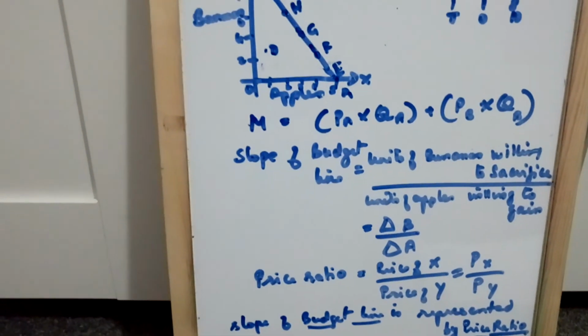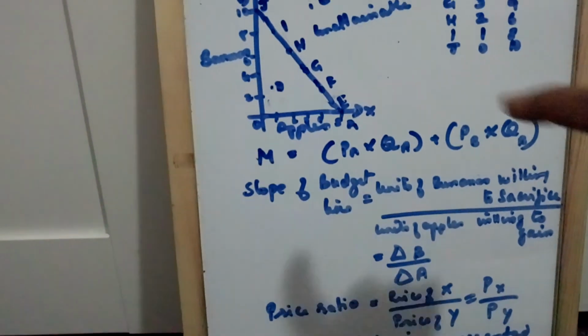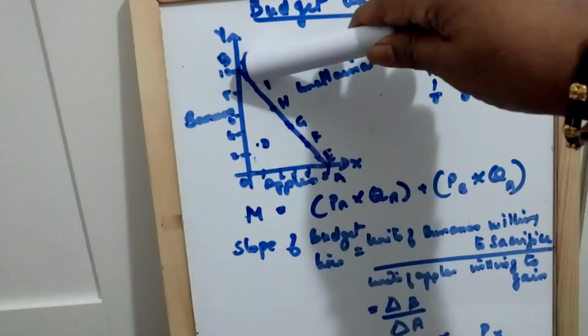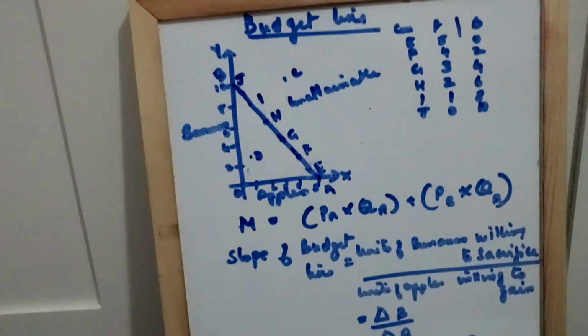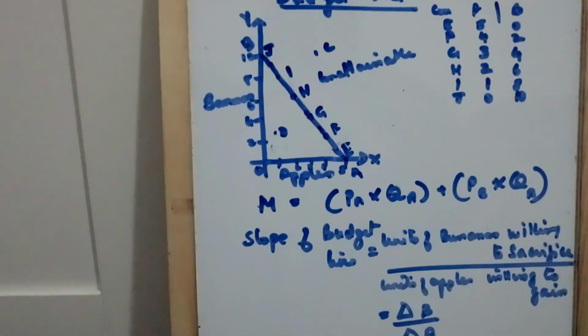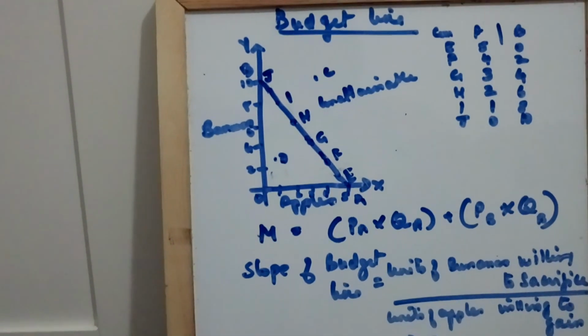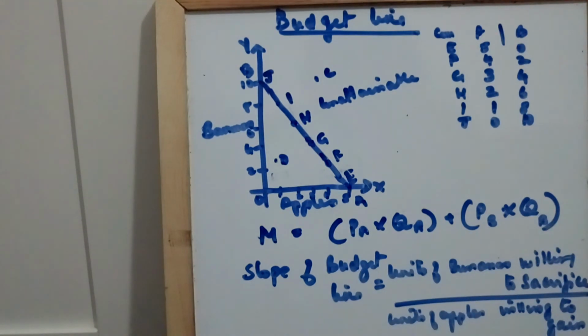Then the slope of the budget line is represented by the price line. The price ratio indicates the slope of the budget line. Now let's see the properties of the budget line.